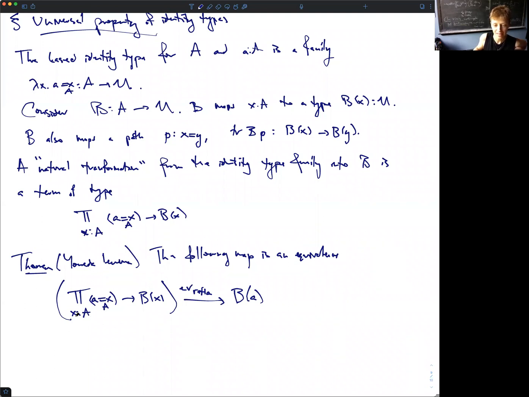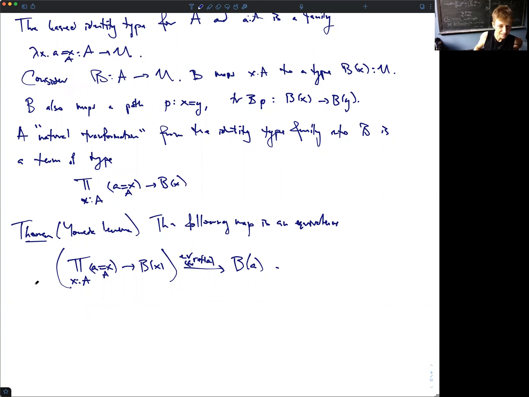Given a term of this type, you could plug in A there and refl A there, evaluation at A comma refl A, to get a term of this type. And so that is the assertion of the Yoneda lemma.